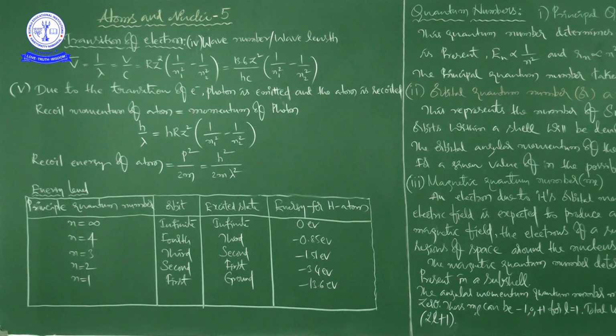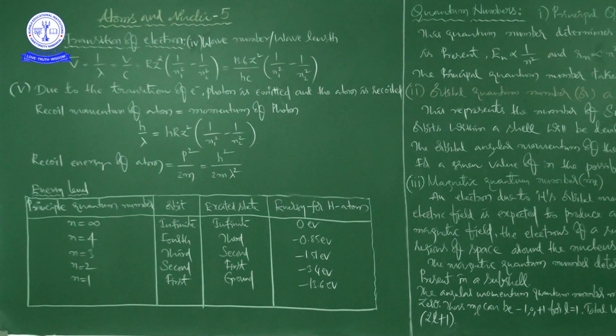That is equal to 13.6 Z square into 1 by N1 square minus 1 by N2 square. This is the energy of emitted radiation. So delta E is equal to 13.6 Z square into 1 by N1 square minus 1 by N2 square.